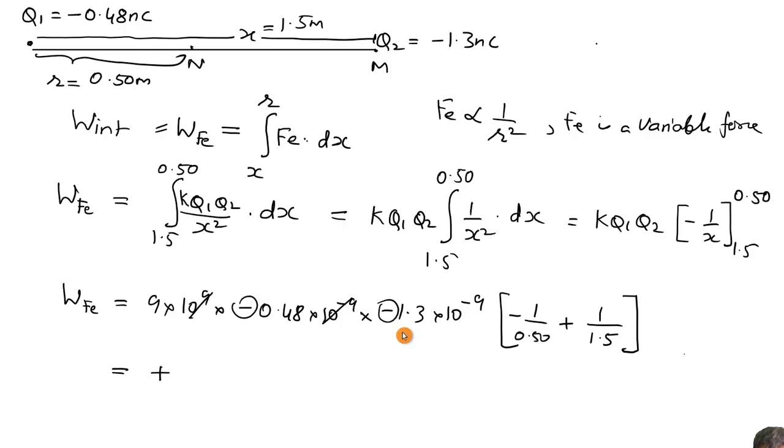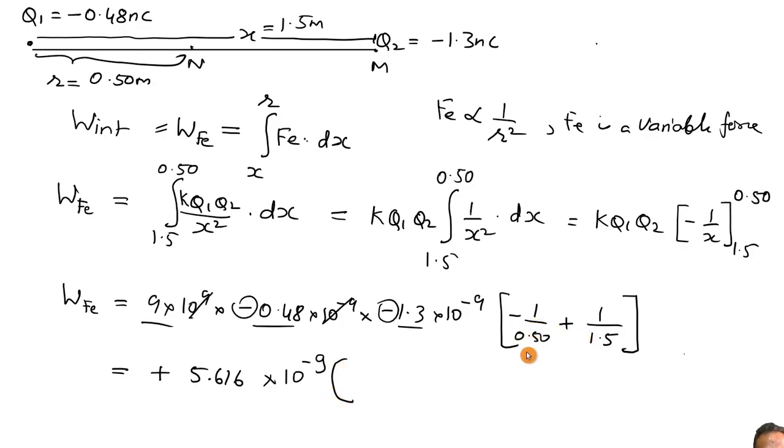So 9 into 0.48 into 1.3 is equal to 5.616. I worked out only this, and the 10 raised to minus 9 is always there. Now this other part I can work out in another way.